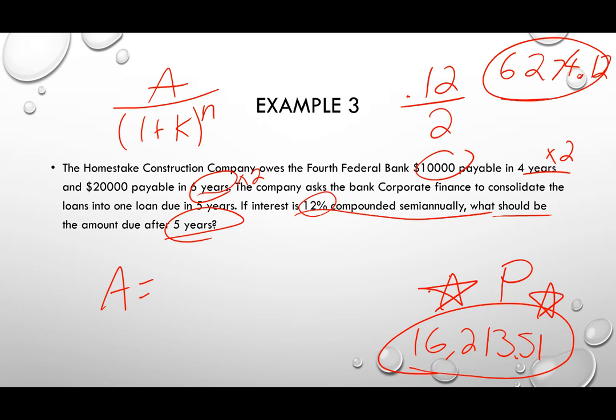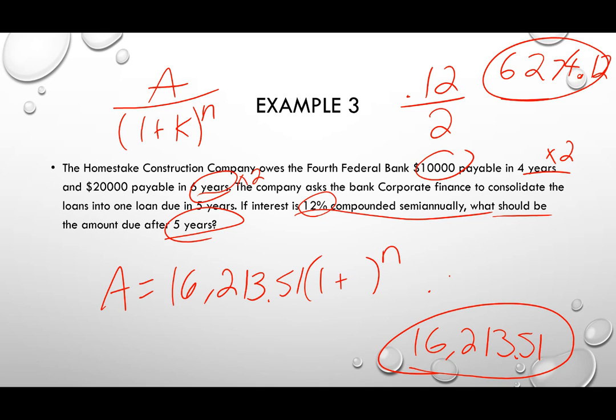So our future value is going to be the present value of our two loans, which is $16,213.51, times, of course, 1 plus k to the n power. K is going to be the same thing, 0.06.